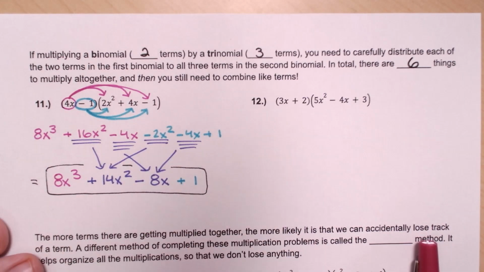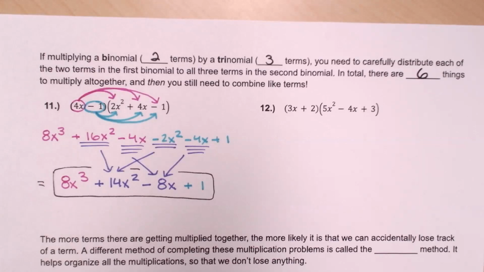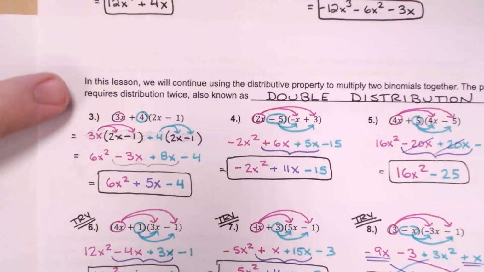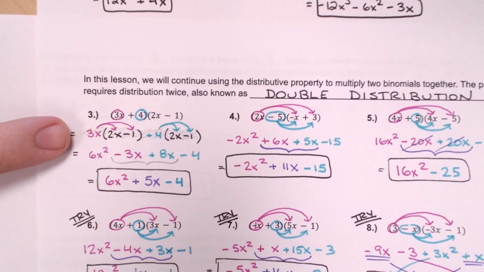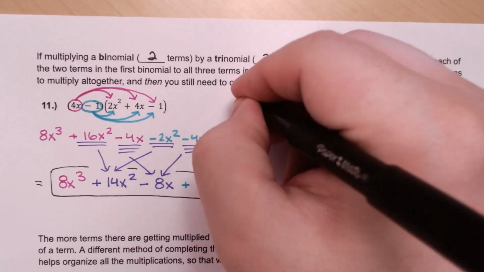Now, there's a lot going on here, and if it makes it easier, you can kind of treat it like we did that very first double distributing question by rewriting it and then using the distributive property. So I'm going to let you try number 12.